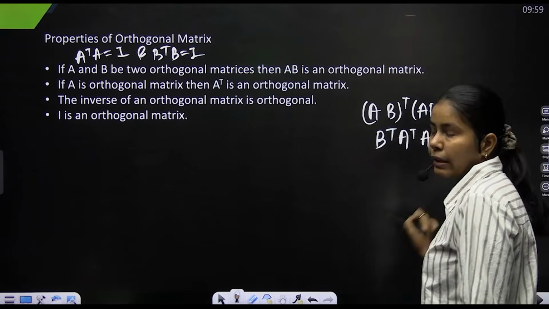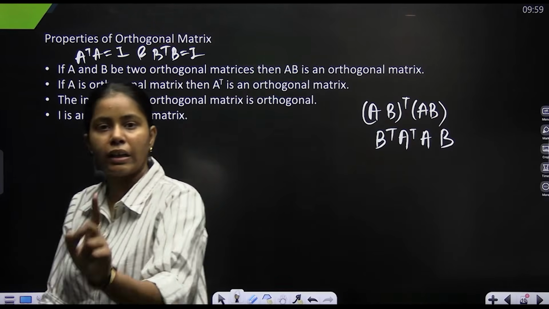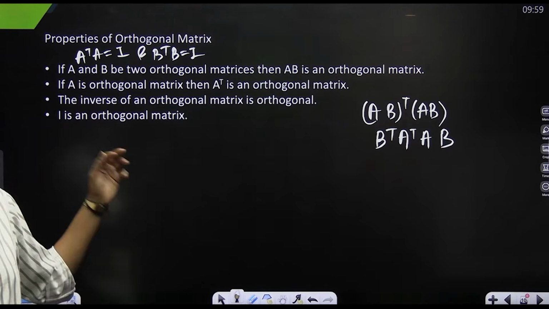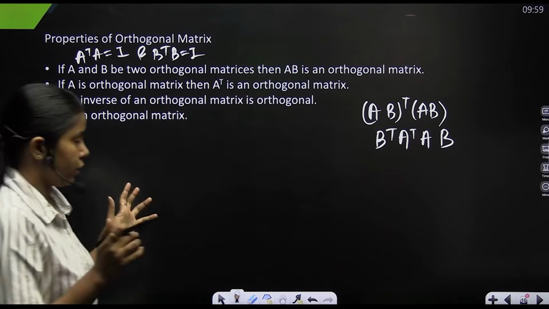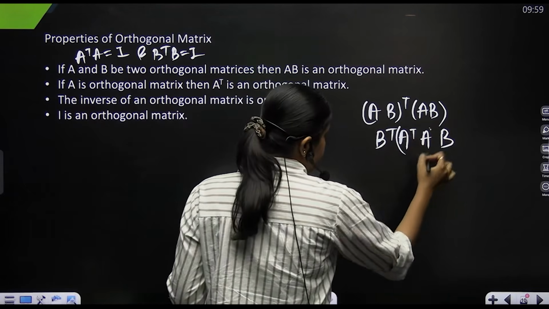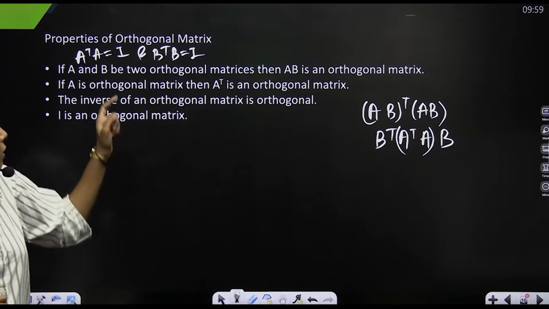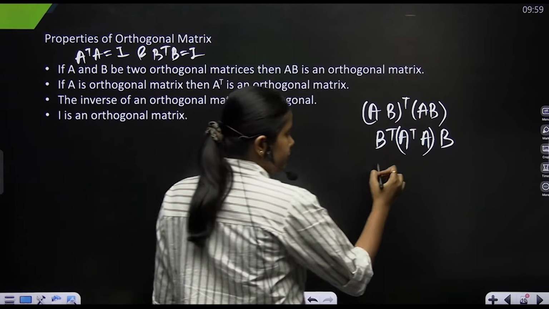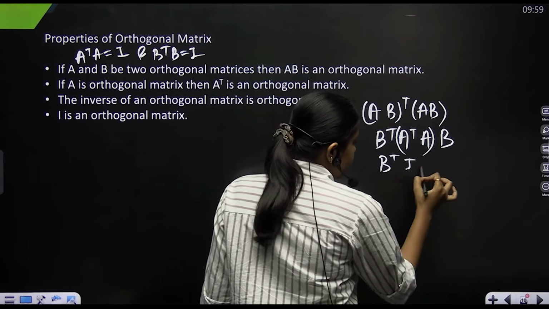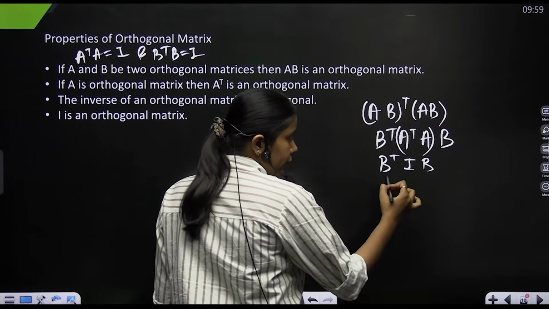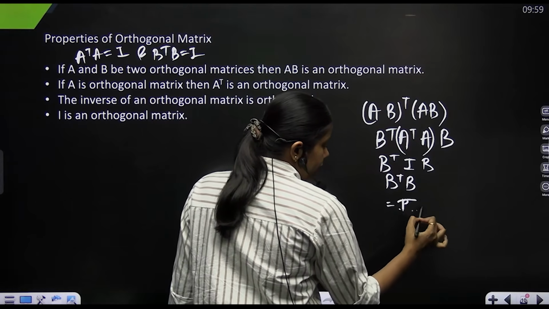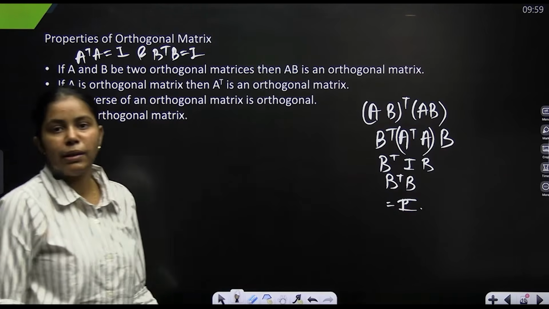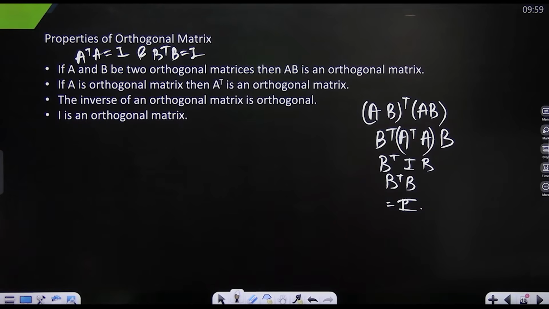I told you matrix multiplication is not commutative, but it is associative. Multiplying any two matrices first does not change the order of the product. So I am writing A transpose A here first. A transpose A is identity. B transpose identity B; identity multiplied remains the same. B transpose B is again identity. So you can see that AB is an orthogonal matrix.